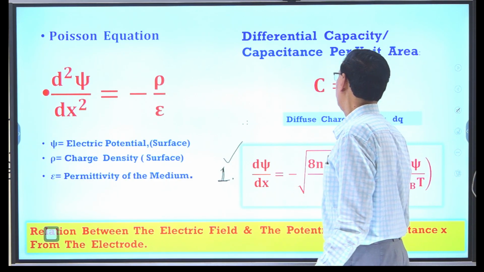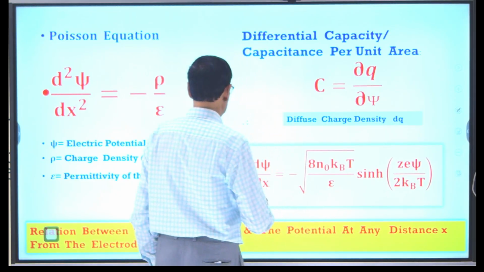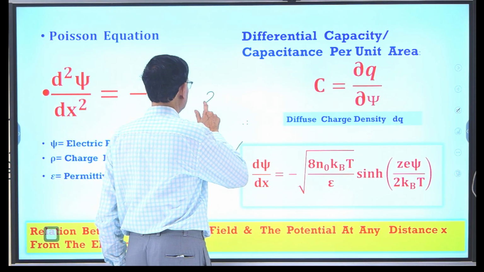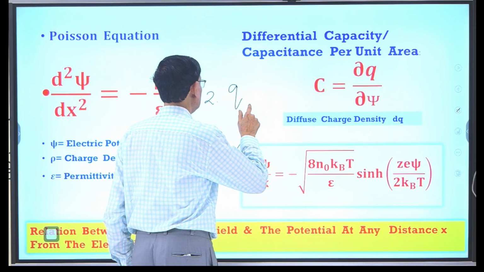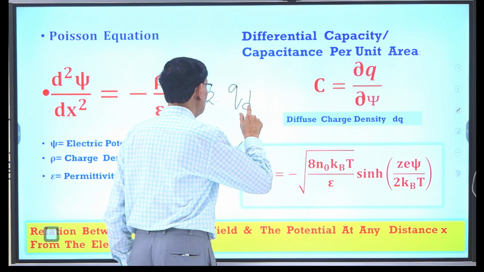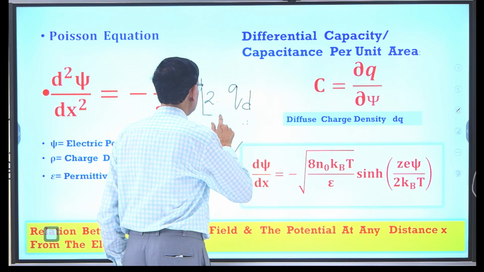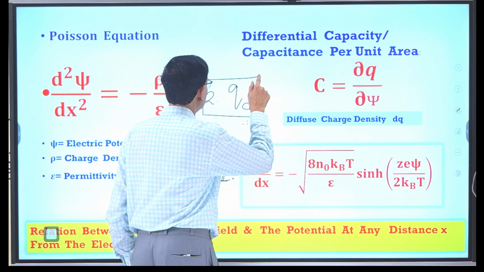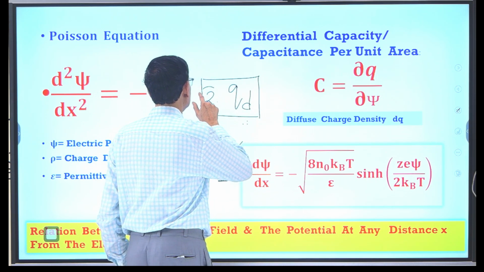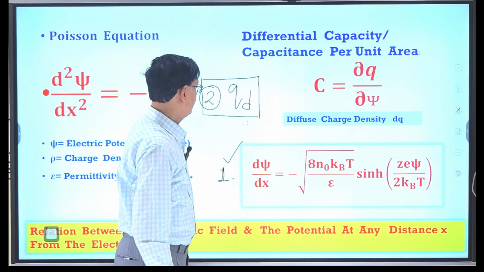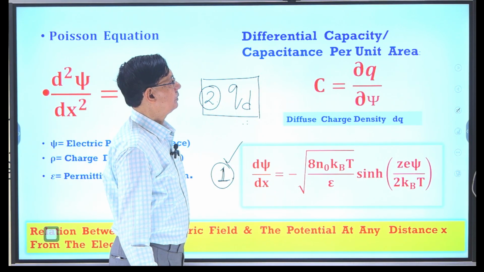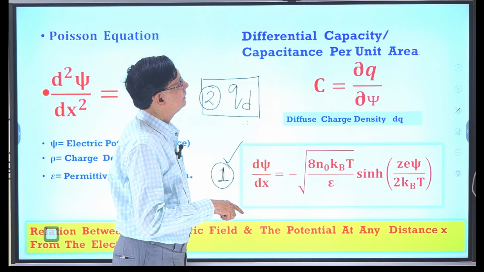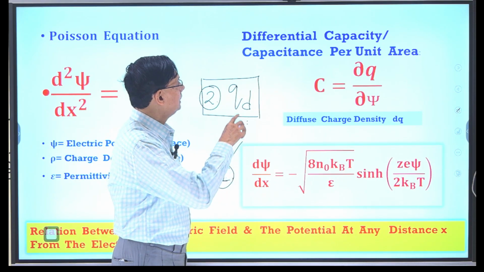So this is number 1. Number 2, finally, we have to determine the QD, total diffused charge density. So this is 1, this is 2. And number 3, the differential capacity.